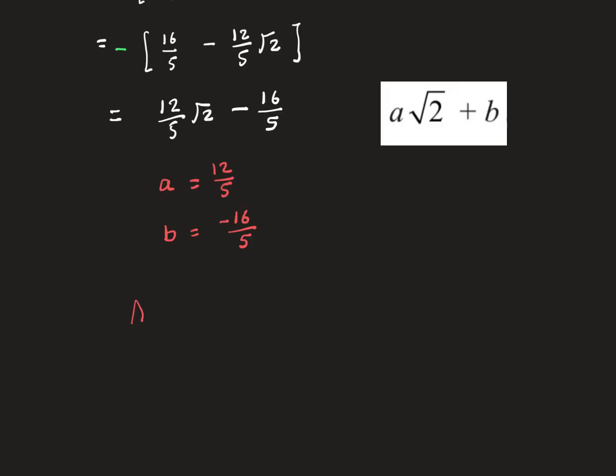And therefore the area is equal to 12 on 5 root 2 minus 16/5. Now these problems are designed for seniors, and this one comes from an exam paper.